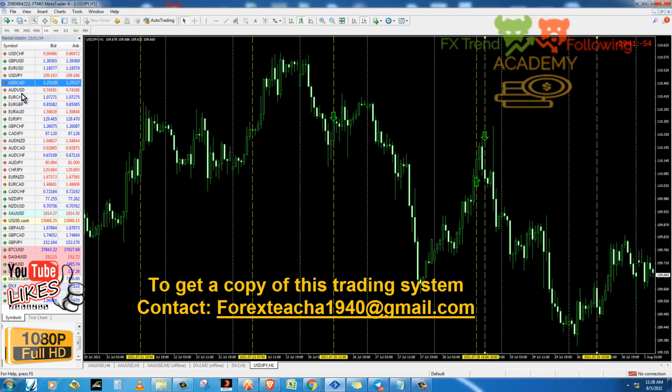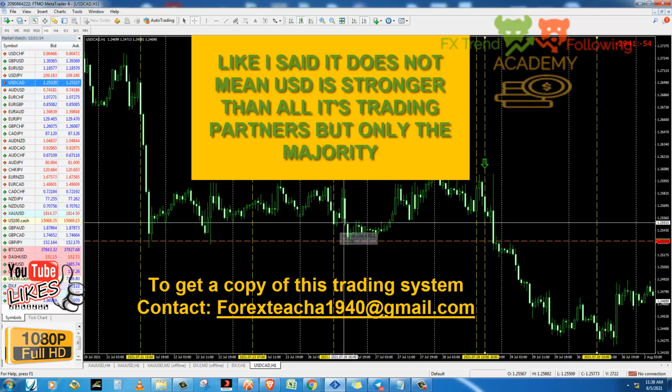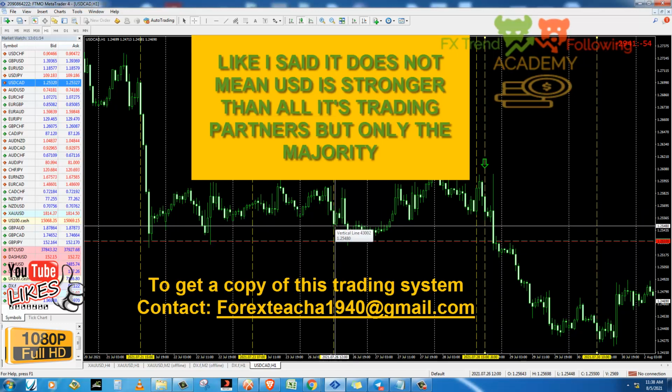If you go to USD CAD, we expect it to be going down as well at 12:00, which is right here. So this one was going sideways. Maybe the US dollar was as strong as the CAD at the same time.